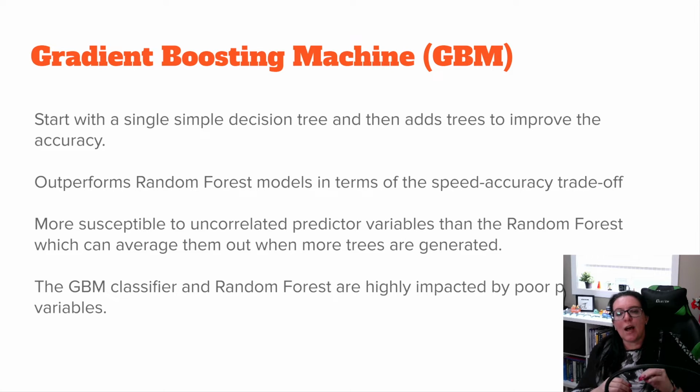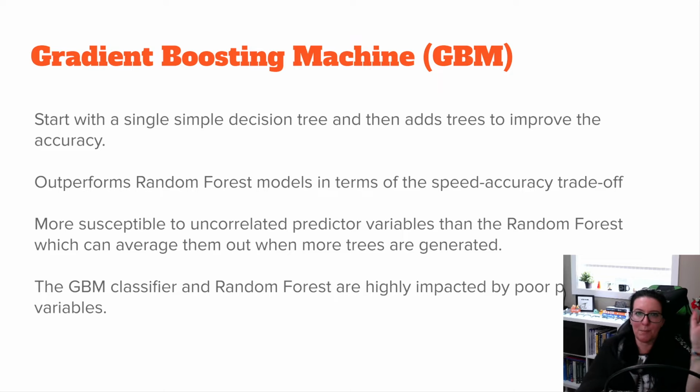Now, the challenge is that the GBM approach is more susceptible to uncorrelated predictor variables than the random forest. In a random forest, it creates a decision tree based on, let's say, 3 randomly picked variables. It picks another decision tree with 3 different variables, and another with 2 of these and 1 of those.